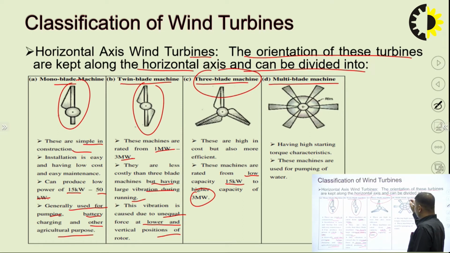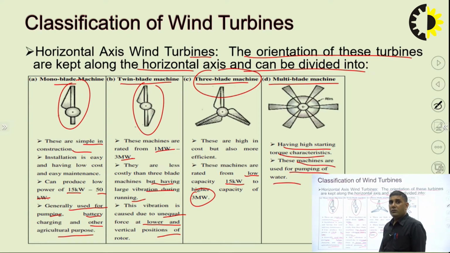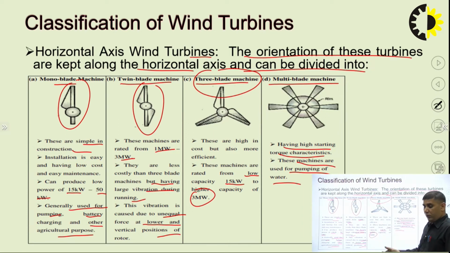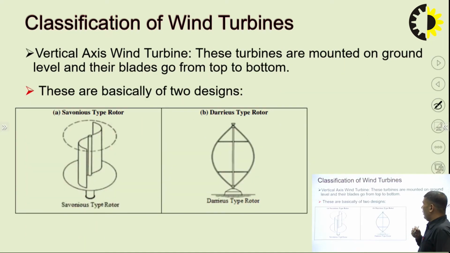This is the multi blade diagram, having high starting torque characteristics. These machines are generally used for pumping of water, because water has to be taken out from a very great depth from the earth.